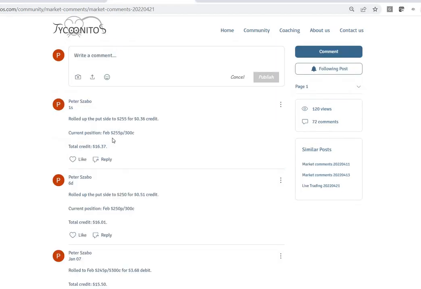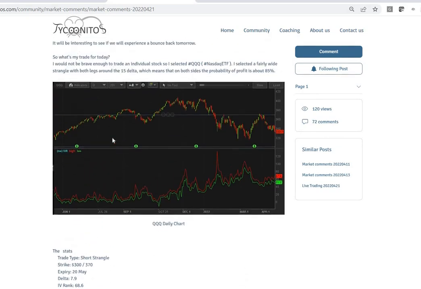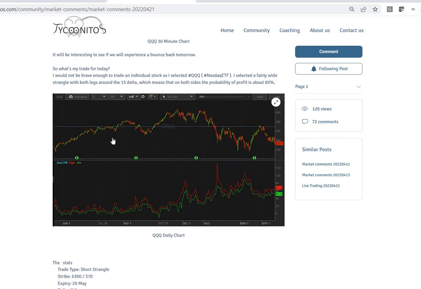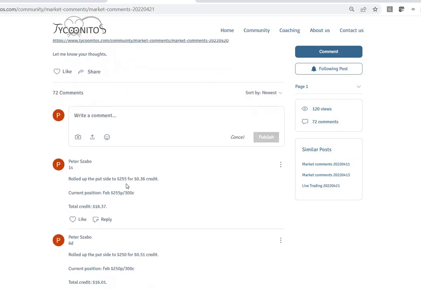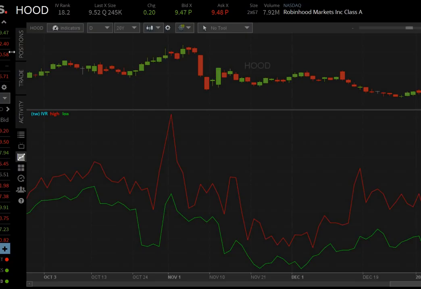The other trade that I did was just my regular adjustment on my, I call them forever trades, which are on 3 of the index funds, the QQQ, the SPY, and the IWM. So today I rolled the put option up to 255 and I collected 36 cents extra credit for it. So currently I have the 255 and 300.